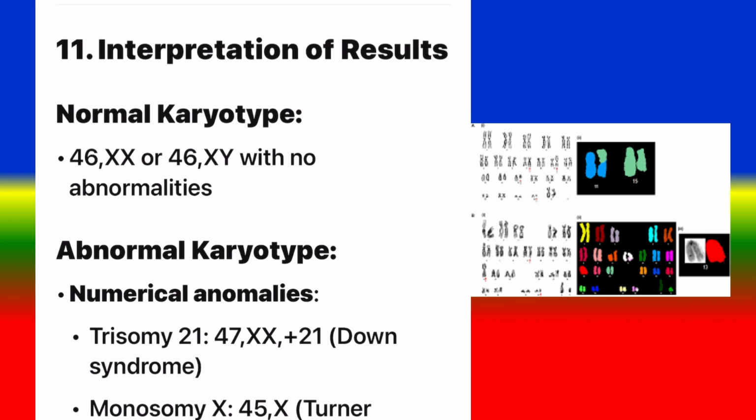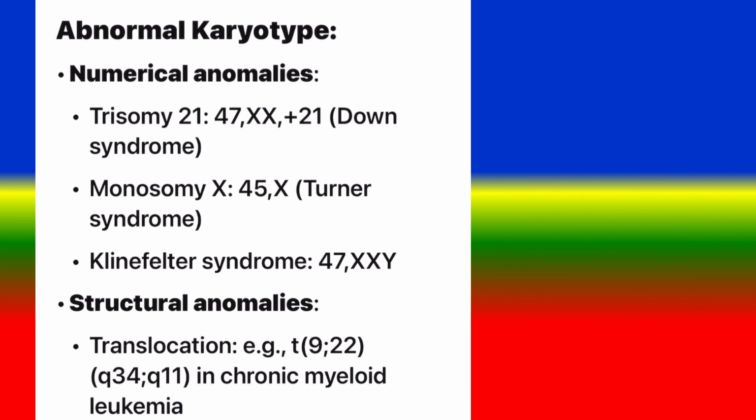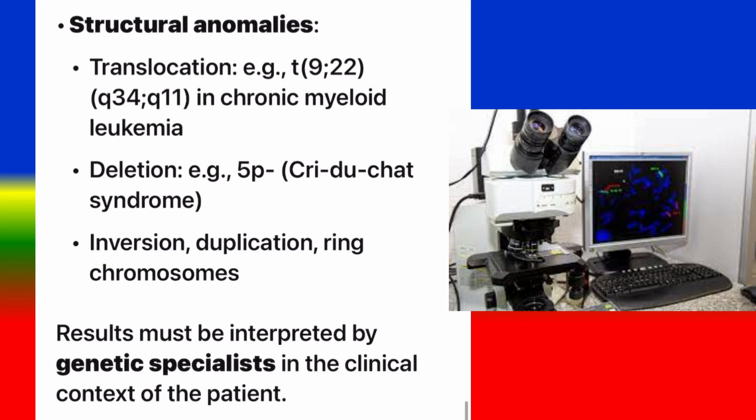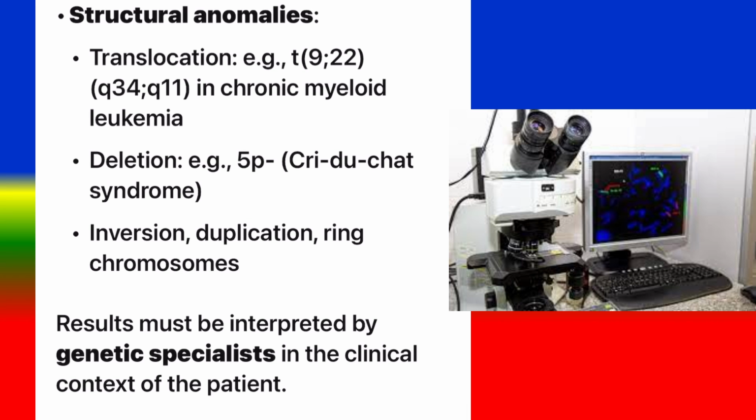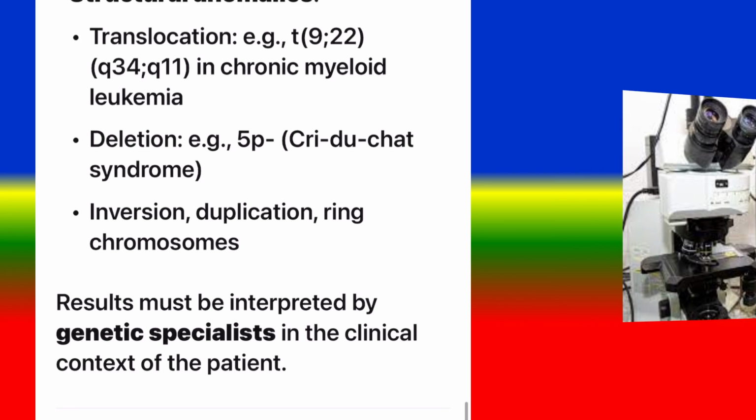Abnormal karyotype, numerical anomalies: Trisomy 21, 47,XX,+21, Down syndrome. Monosomy X, 45,X, Turner syndrome. Klinefelter syndrome, 47,XXY. Structural anomalies: translocation t(9;22)(q34;q11) in chronic myeloid leukemia, deletion, e.g. 5p, Cri-du-chat syndrome, inversion, duplication, ring chromosomes.